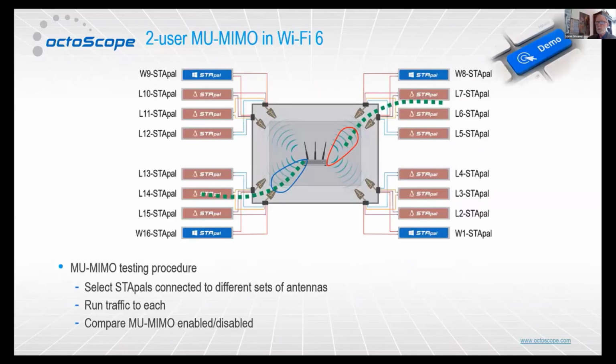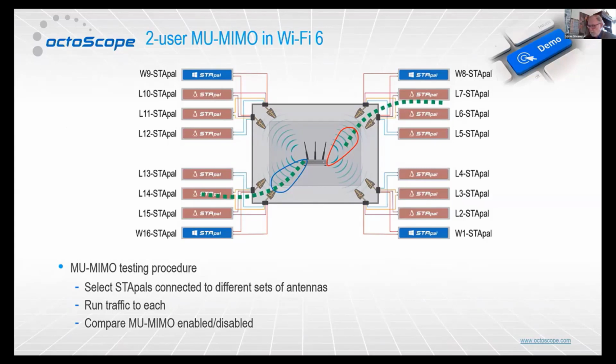I'm going to run a demo of Wi-Fi 6 MU-MIMO. I'm going to select 2 PALs from opposite corners of the box, and we're going to run MU-MIMO traffic.